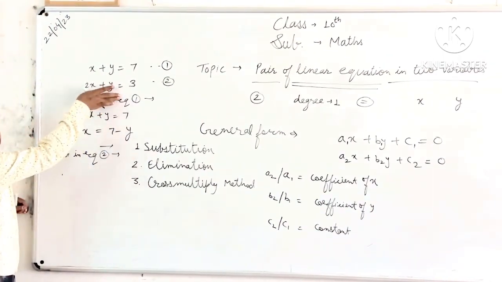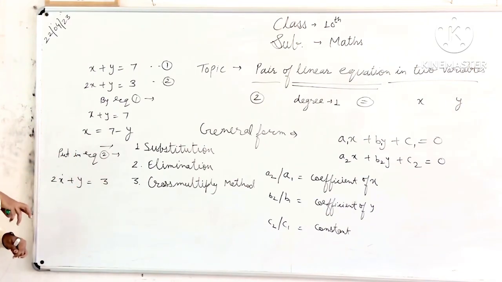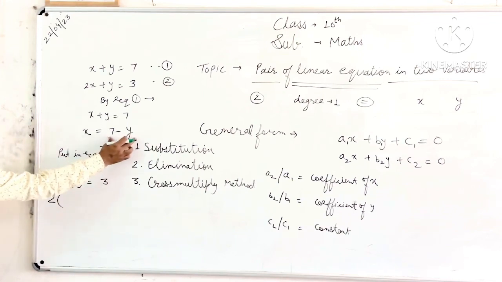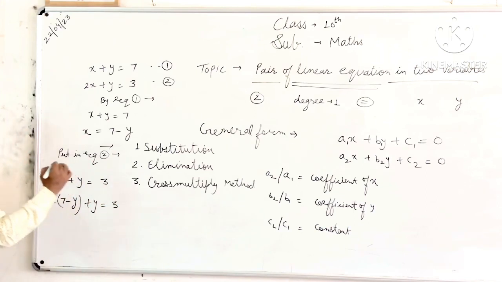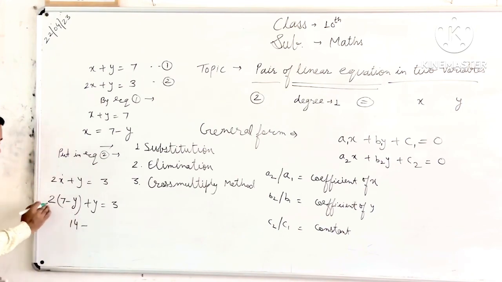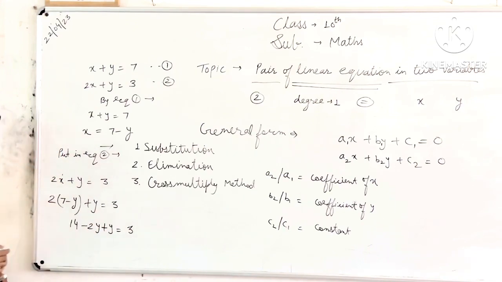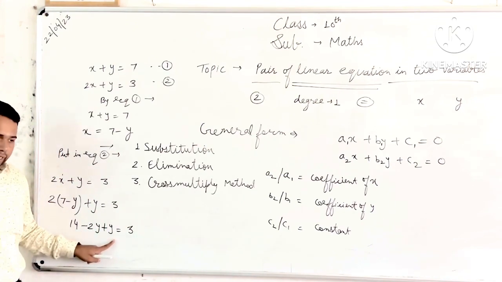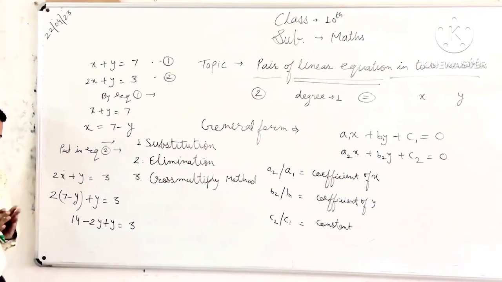What is equation 2? 2x plus y equals 3. Where x is, we have to put the value. So 2 into 7 minus y plus y is equal to 3. Now 2 into 7 is what? 14. Minus 2 into y, 2y, plus y as it is equal to 3. And minus 2y plus y is what?